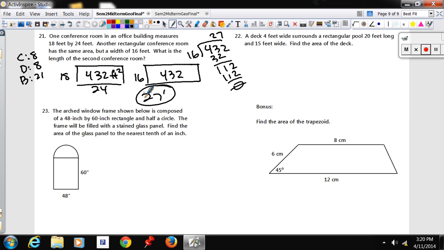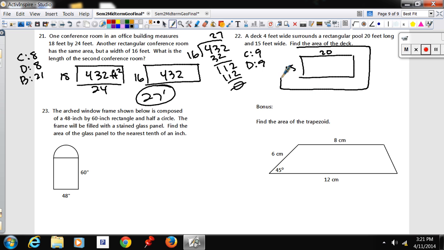Okay, 22 was C number 9, D number 9, and B number 22. And the deck is 4 feet wide, and looks like yours was 6 feet. Okay, so 4 feet. Okay, 15 by 20. You got 15, you got 20, and then you got a deck that goes around it that has all fours.